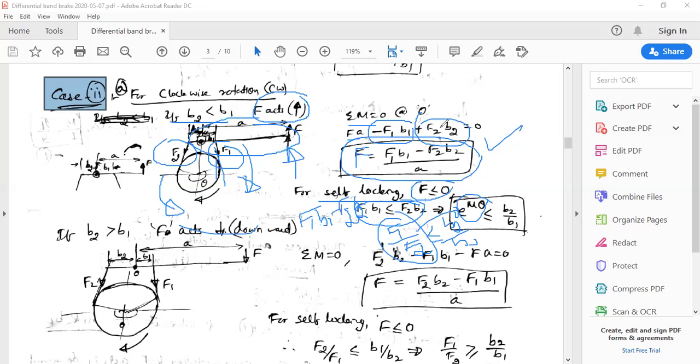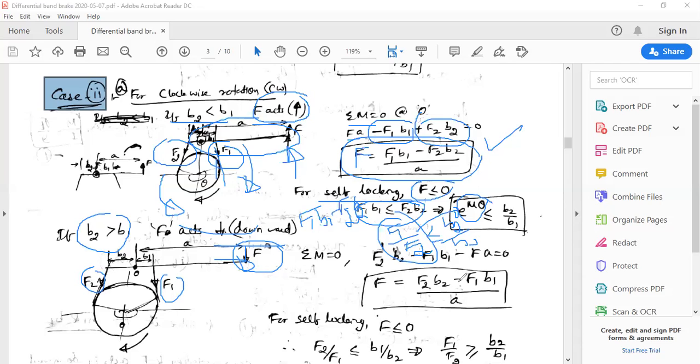Next, if B2 is greater than B1, now the F value is acting in the downward direction. So this case is opposite to the earlier case. The drum is rotating in clockwise direction, so F1 and F2 remain where they are, and only the moment equation changes, because the moment given by F is clockwise now.